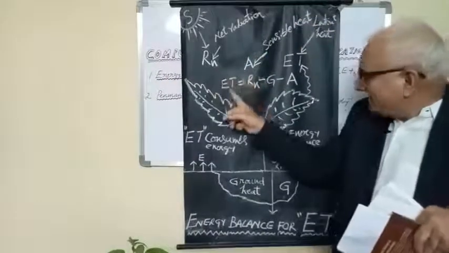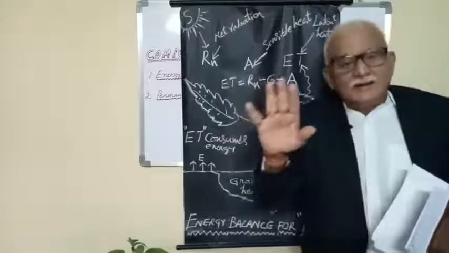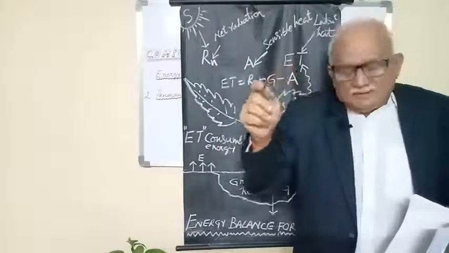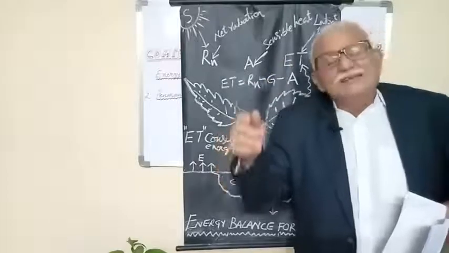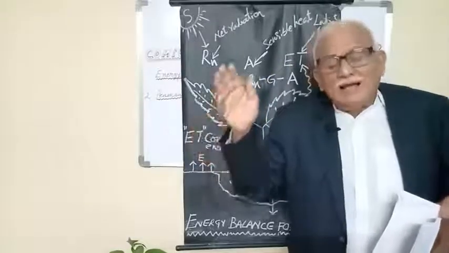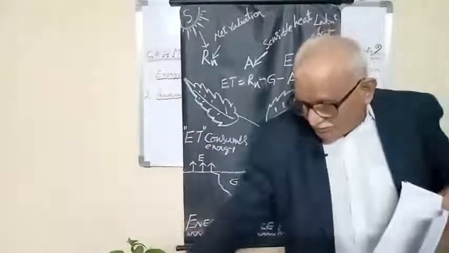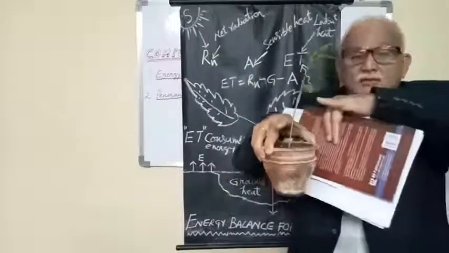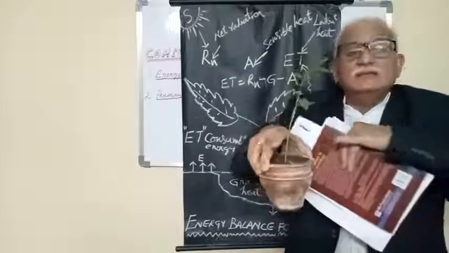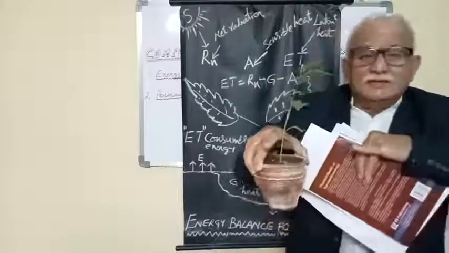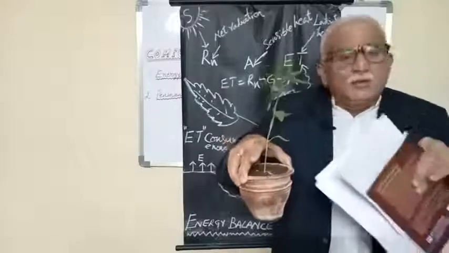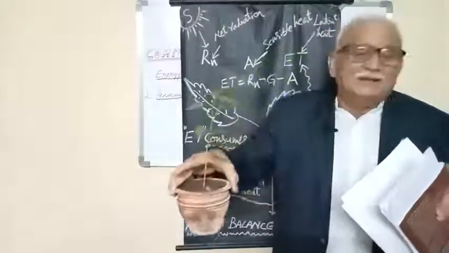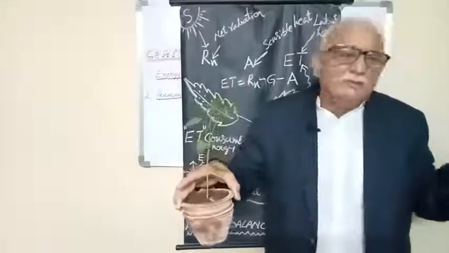Net radiation: the energy balance equation is generally net radiation is equal to latent heat flux plus ground heat flux plus sensible heat flux plus energy stored in the crop, and what is utilized in photosynthesis. Since the energy utilized in photosynthesis is less than 1% in general, we neglect it. Of course, the energy stored also we neglect, because of certain reasons which I had already explained to you in the basics.